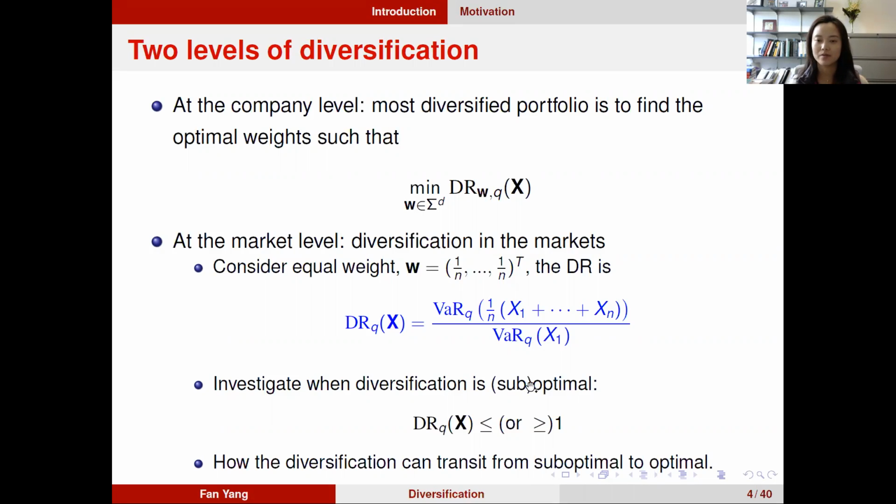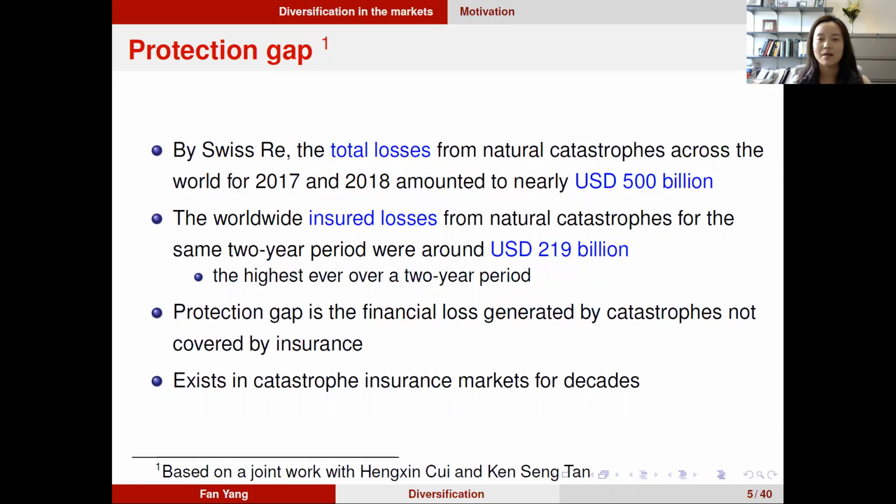That will be the goal for this part. Next, I'm first going to talk about how, at the market level, diversification is useful to solve some questions in the insurance market.